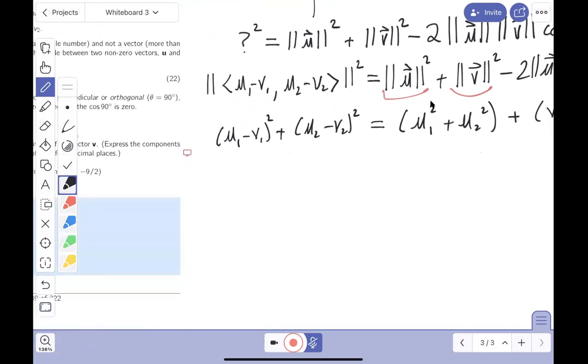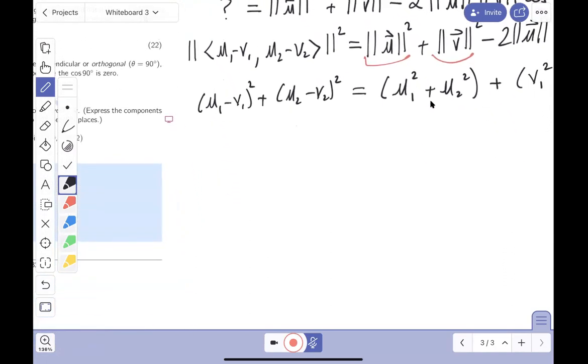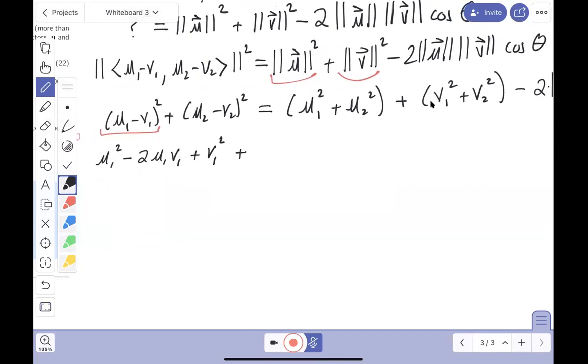Again, if this doesn't lead anywhere, it would be kind of pointless, but I think it's going to lead somewhere. Let's write this down. u1 squared minus 2 u1 v1 plus v1 squared. I want to point out what we just did. We just did this part over here. Let's keep going. An alphabet soup at this point.